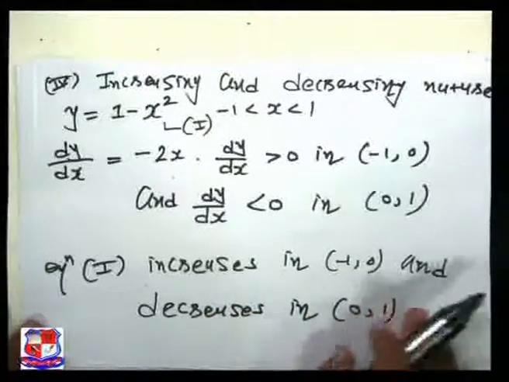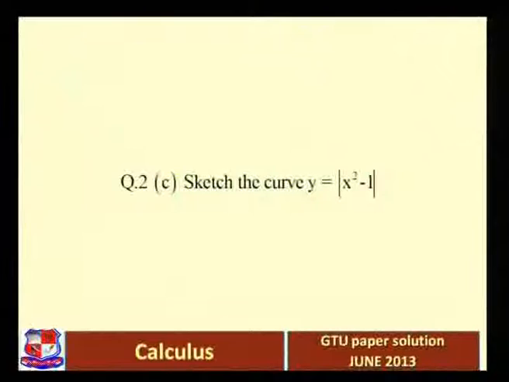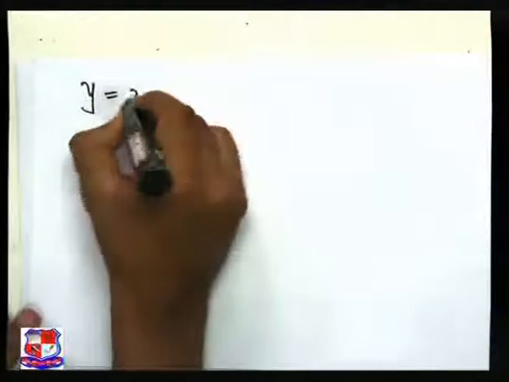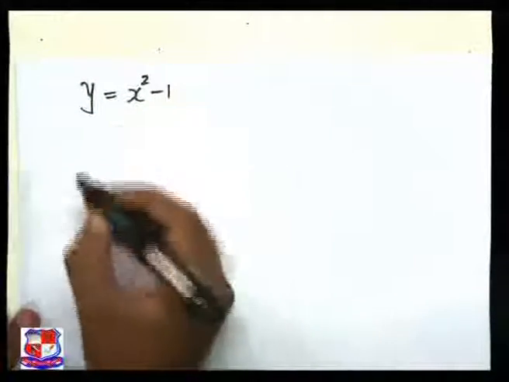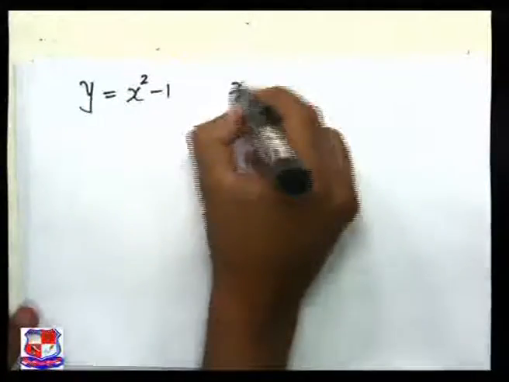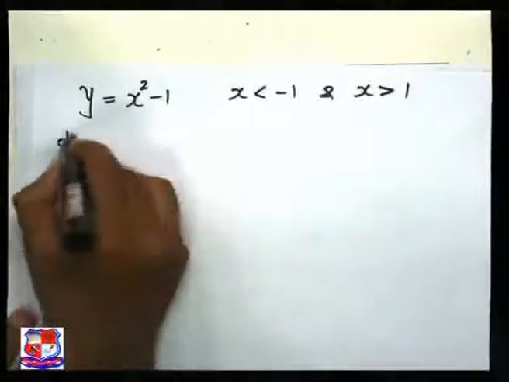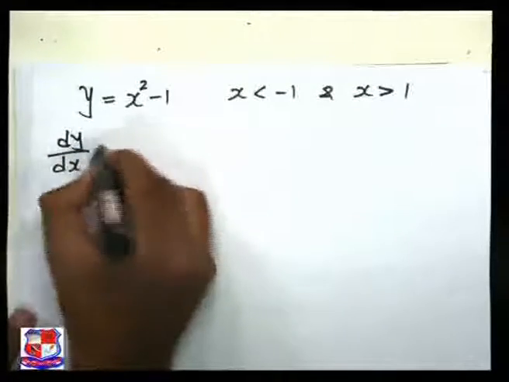Now also we are talking about the graph of equation 2, that is y is equal to x square minus 1. In that case, when x is less than minus 1 and x is greater than 1, right? So the dy by dx is 2x in that case.